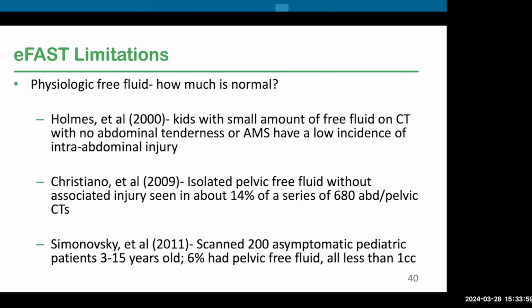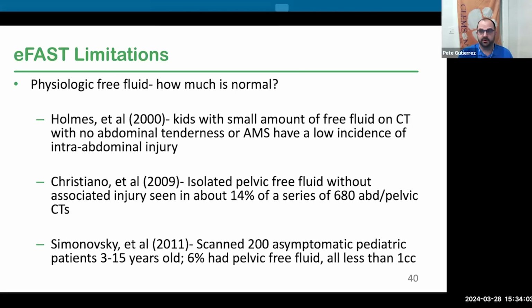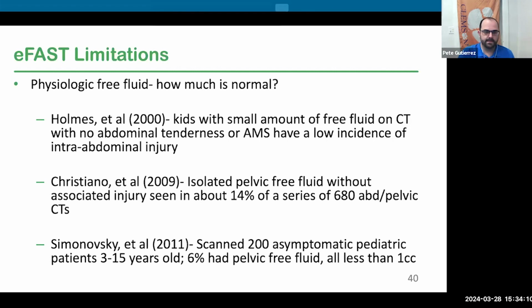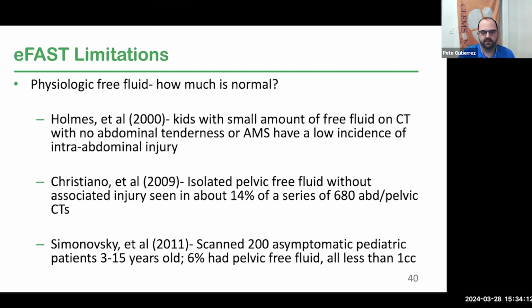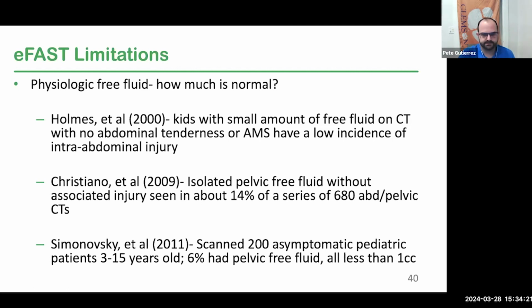And then Simonovsky in 2011 looked with ultrasound at 200 asymptomatic pediatric patients, where about 6% of all the scans had some free fluid, all of which were measuring less than 1 cc.